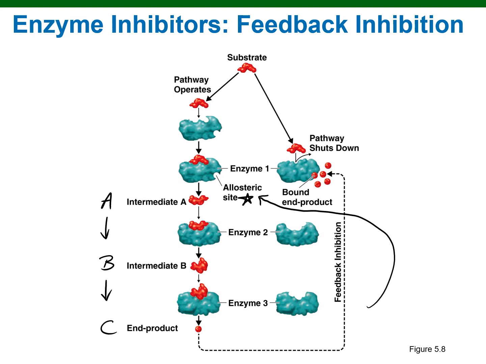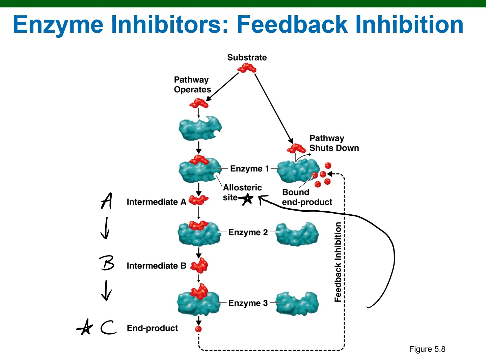As the concentration of the end product falls, then what can happen is there will be less binding to the allosteric site on the first enzyme, and then this enzyme will resume its active shape, and this process will continue to flow to make more of intermediate A, B, and eventually end product C. And so this is how a cell can turn a certain synthetic pathway on or off through feedback inhibition.